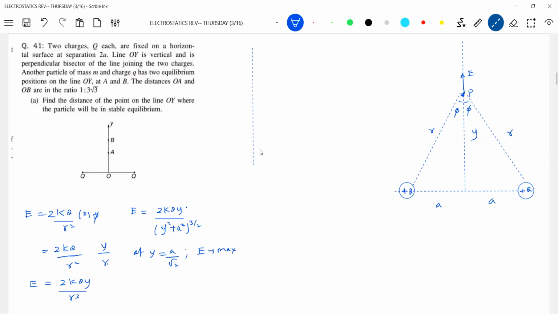If you look at this, now the analysis: what is the field strength here? It will be 0, no? The midpoint will be 0. So as you move, the field strength will increase. Somewhere at a by root 2 it will become maximum, then decrease. And at infinity it will be 0. So the curve will be like this, for our understanding purpose.